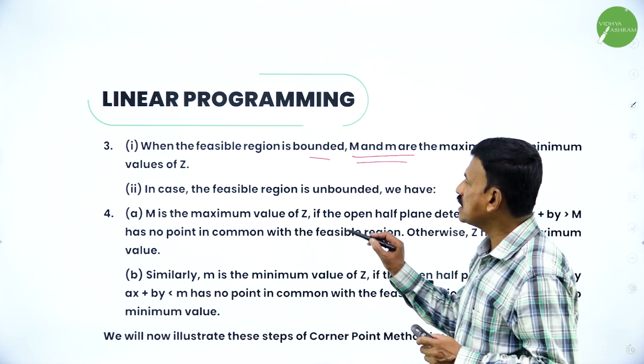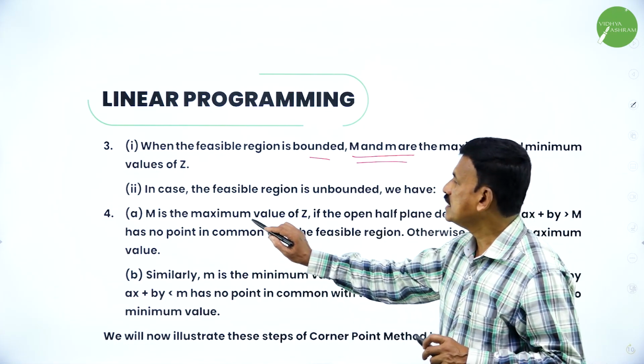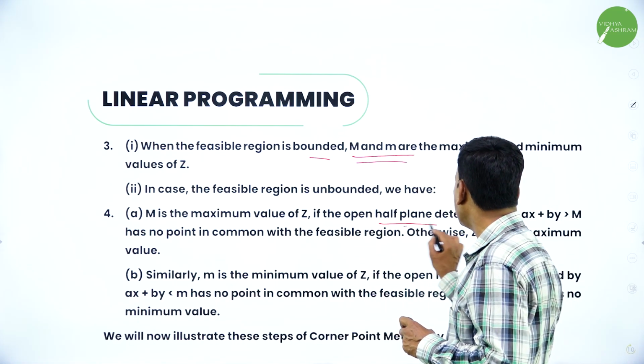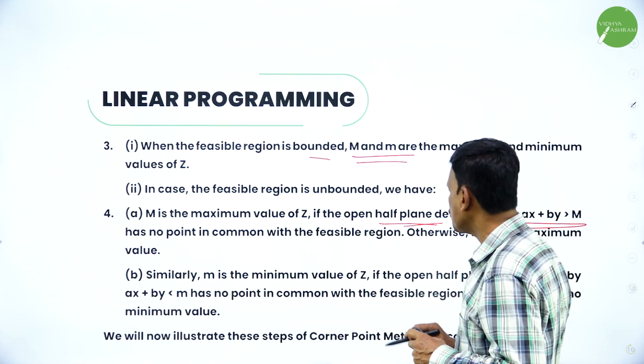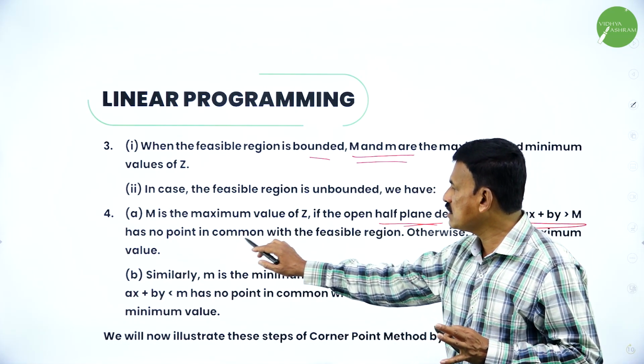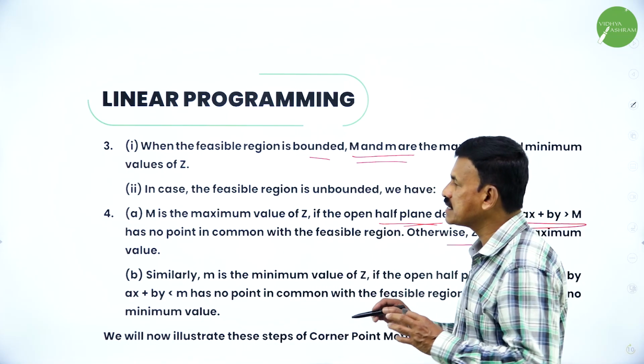In case the feasible region is unbounded, we have these conditions. M is the maximum value of z if the open half plane determined by ax + by > M has no point in common with the feasible region; otherwise z has no maximum value.